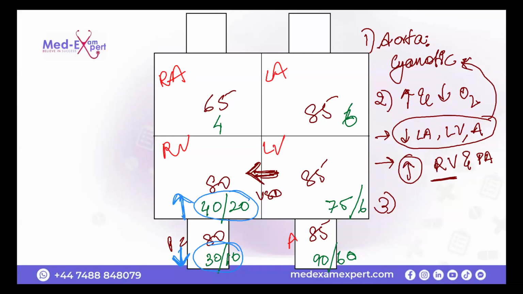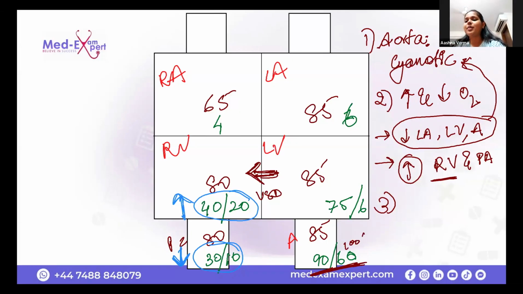We didn't have the age in this scenario, of course. That's my bad. I'm so sorry, I should have given you the age of the child. But yes, this is normal. 90 by 60 is normal for a pediatric age group. It's not high. Even if I had written 100 by 68, that should have been normal.